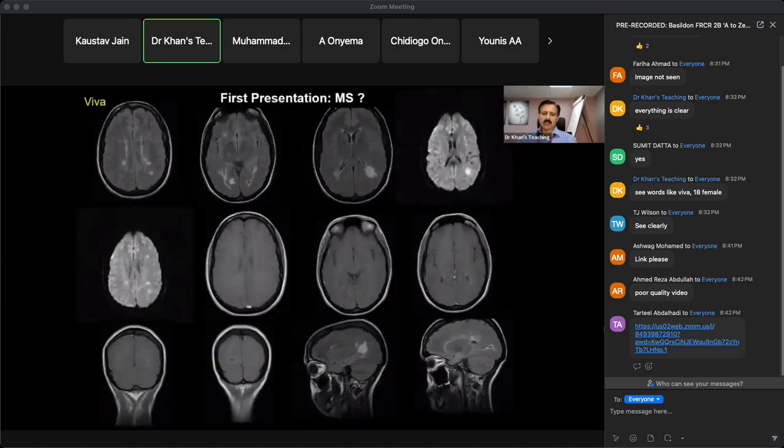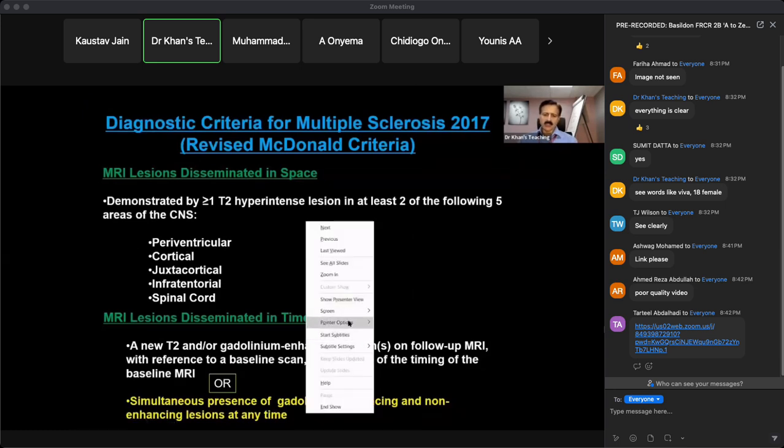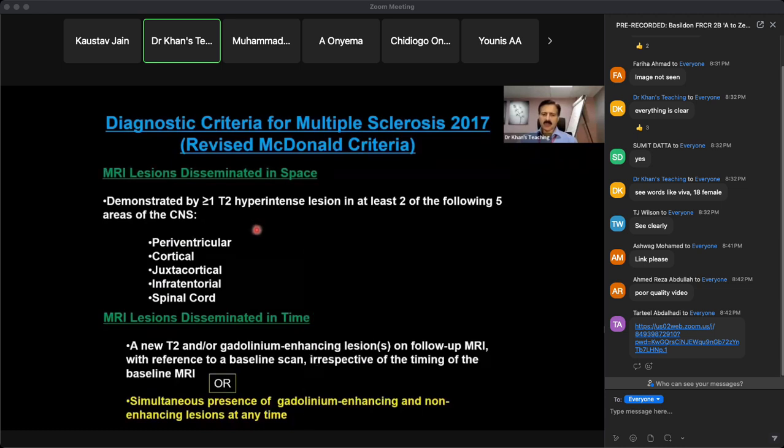We can diagnose this as MS. Let me repeat what I told you. The point is, what is the definition? At least 2 of the following 5. You don't have to have lesions in all of them. At least 2 and the criteria is met. Periventricular is one criterion, juxtacortical is one criterion.